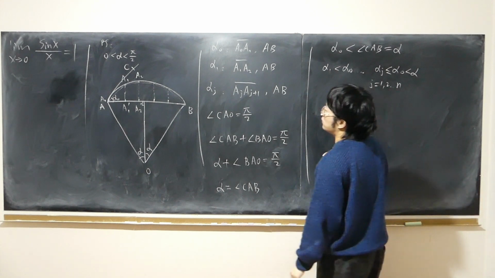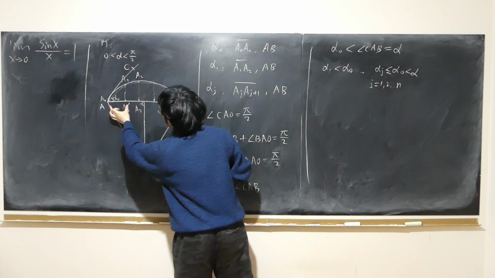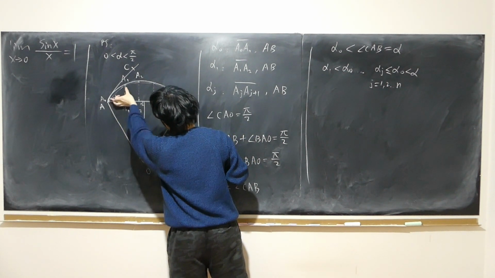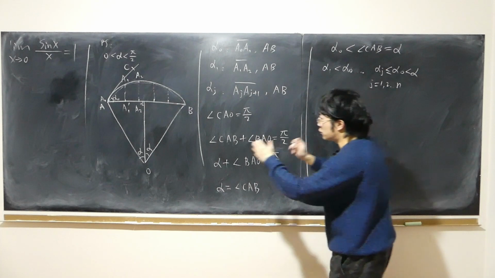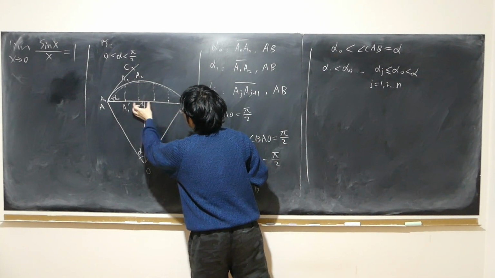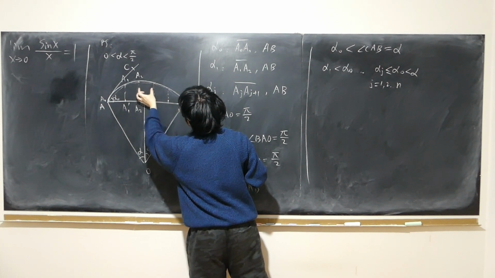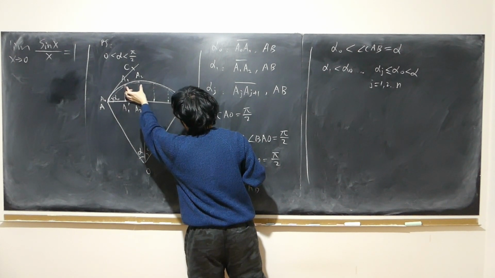Now my job is to, first of all, show this line segment is smaller than this line segment. This is obvious, right? And in general, every line segment down here is smaller than this line segment, because this line segment is the projection of the line segment above.